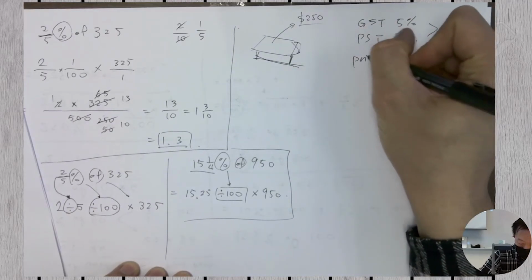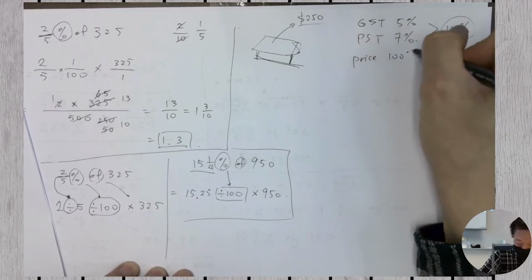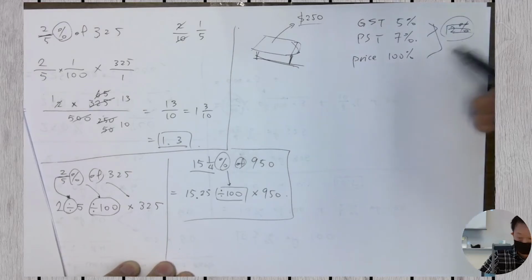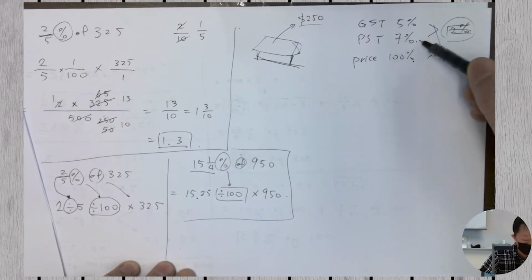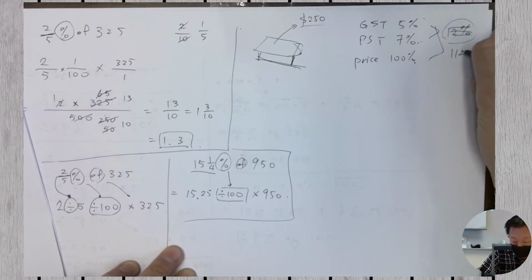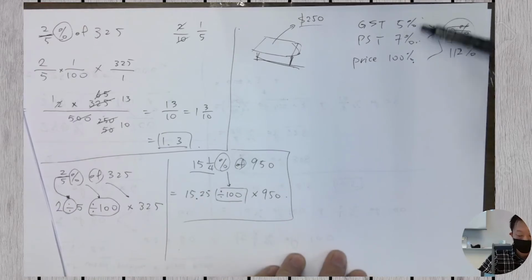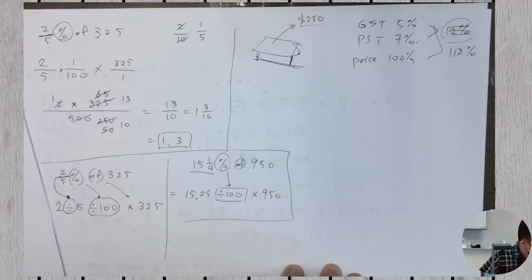So the price is 100%. If I just look at the percentage, what's the percentage that I have to pay? 112%. So it's important to recognize that if you are paying multiple percentages, you can add the percentages together first.